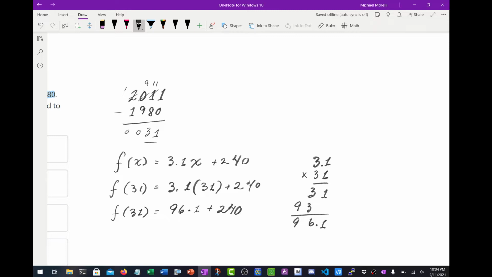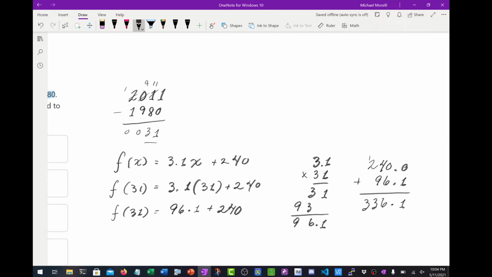Okay, so we're just going to add to 240 now. 96.1. So add a 0.0 there and then do 96.1. We're going to add. So 0 plus 1 is 1. 0 plus 6 is 6. 4 plus 9 is 13.